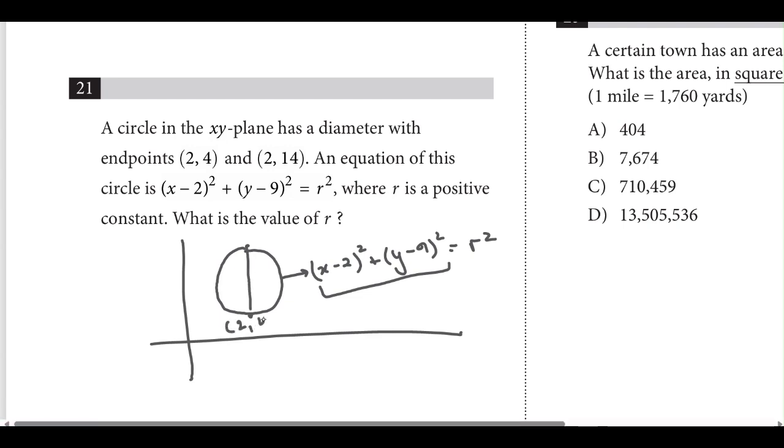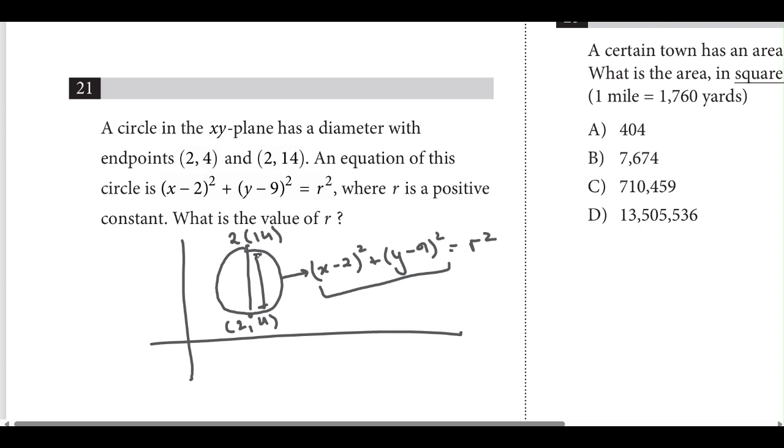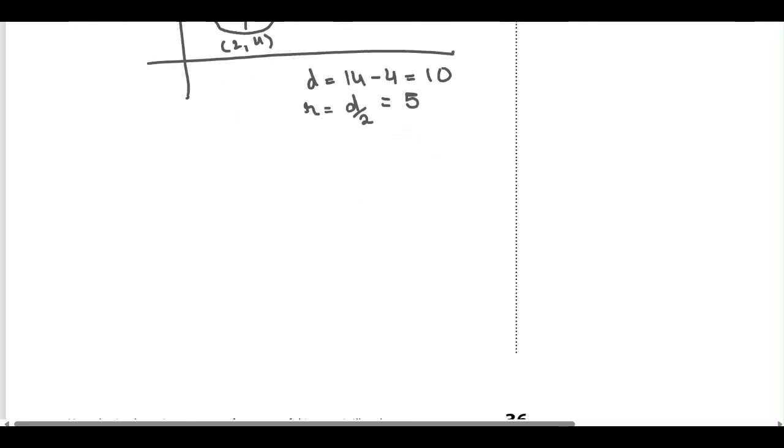This point is 2 comma 4, this point is 2 comma 14, and the perfect thing is that it's a straight line. That means this distance, which is also the diameter, is simply 14 minus 4, which is 10. So the radius is half of the diameter, which is 5. So that's the answer.